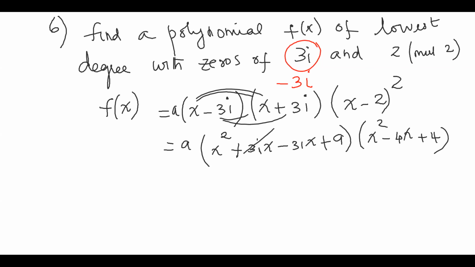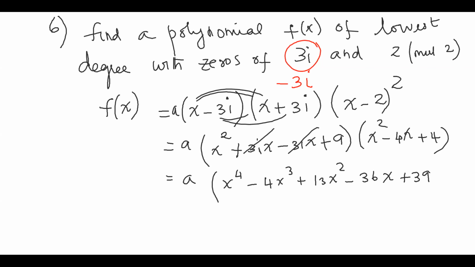And these two get cancelled, so we have 9. And do the distributive property again, so we get the final polynomial like this. So this is our final answer.